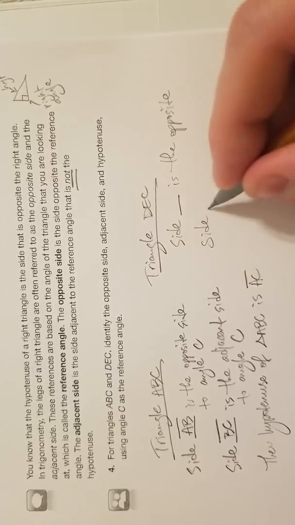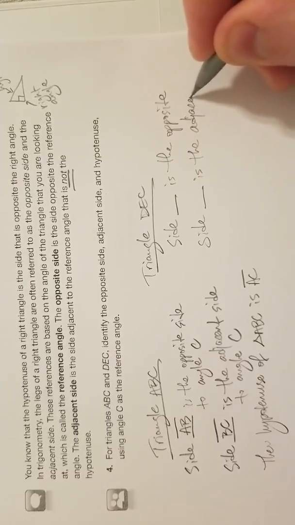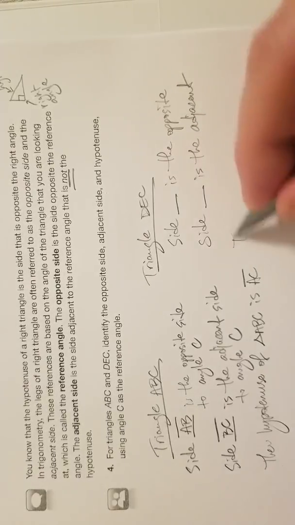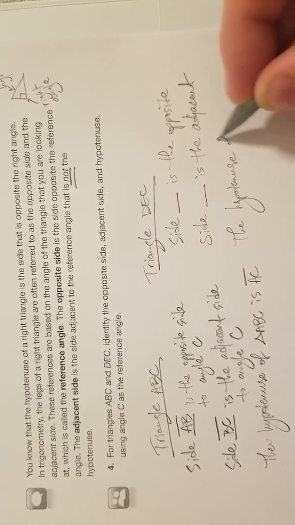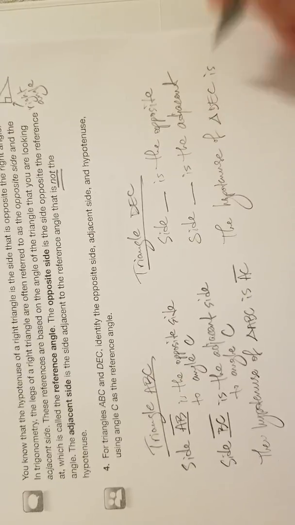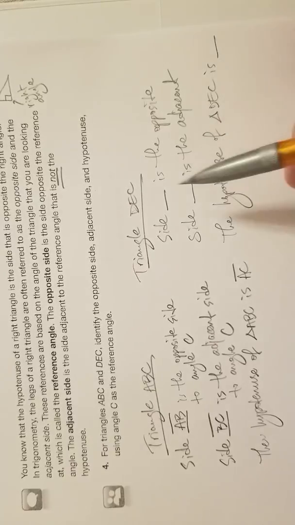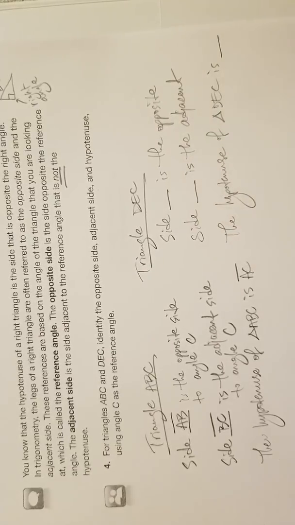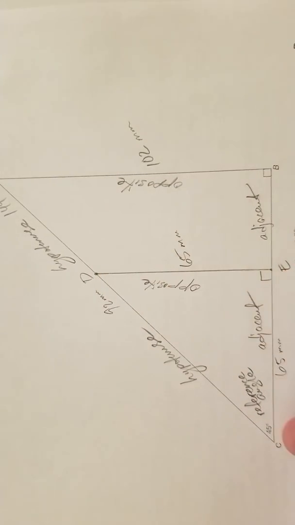Side blank is the adjacent, and the hypotenuse of triangle DEC is blank. Okay, let's see if we can get all three of these right. Write down what you think is the opposite side. Okay, now let's look at the little triangle. We got triangle DEC. The opposite side is DE.